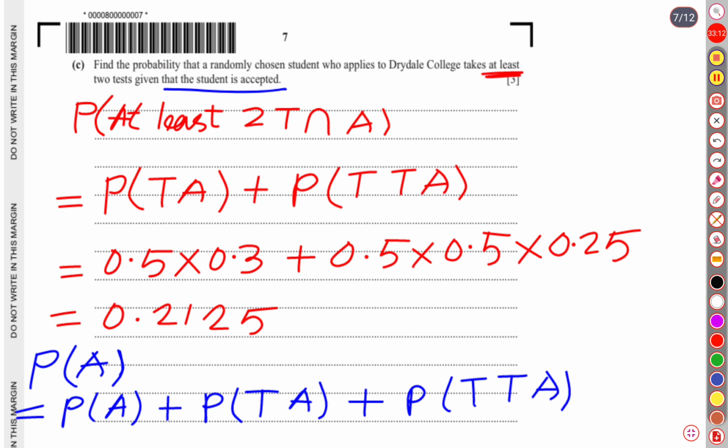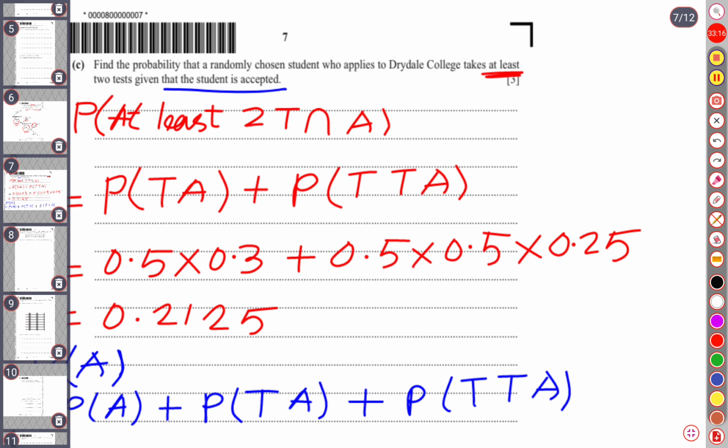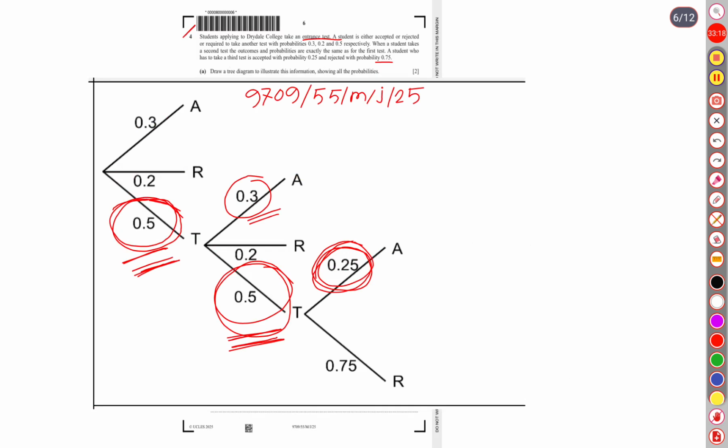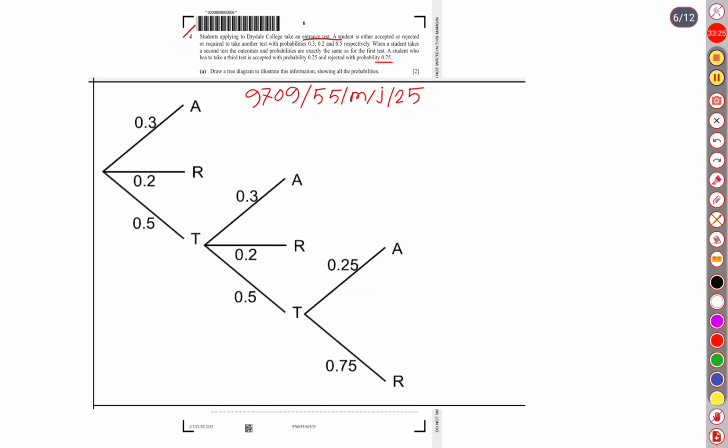Now we are going to find the probabilities from the tree diagram. If the student succeeds in the first test it is first chance 0.3. If he takes a second opportunity, so for T, it is 0.5, and then he might be accepted, so it is 0.5 into 0.3.